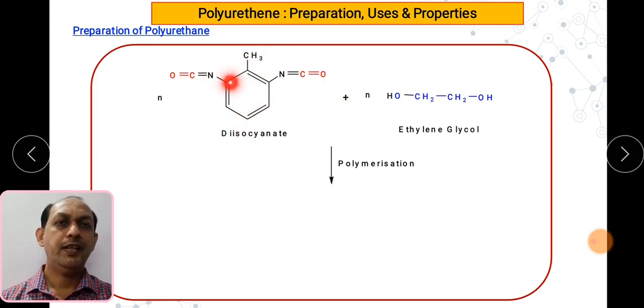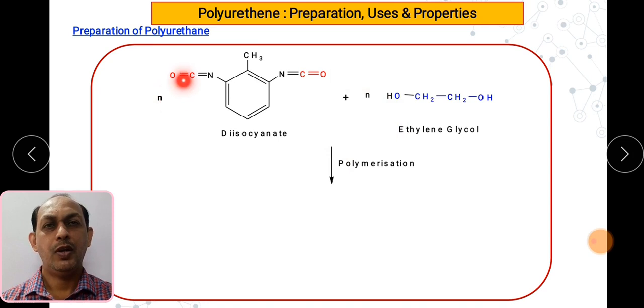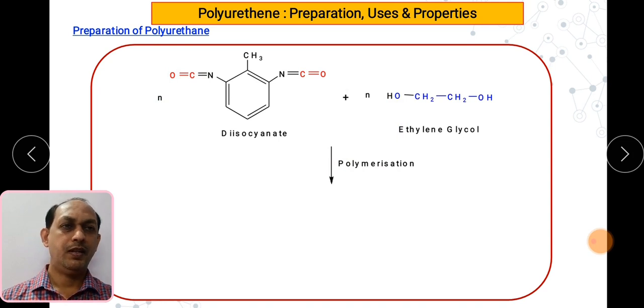Both sides, at the 2 and 6 positions of toluene, there is an isocyanate functionality. When this reacts with ethylene glycol, we know that the O of ethylene glycol is also nucleophilic in nature. So one ethylene glycol molecule attacks this carbonyl carbon, and on both sides the reaction takes place and they form the polymeric compound.